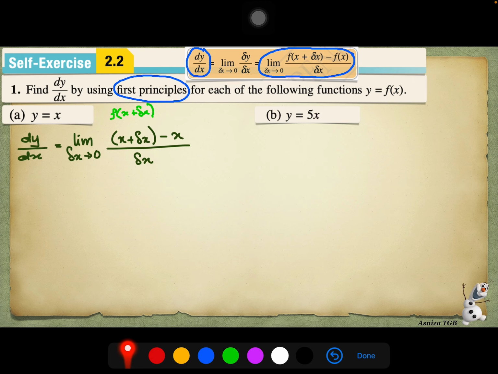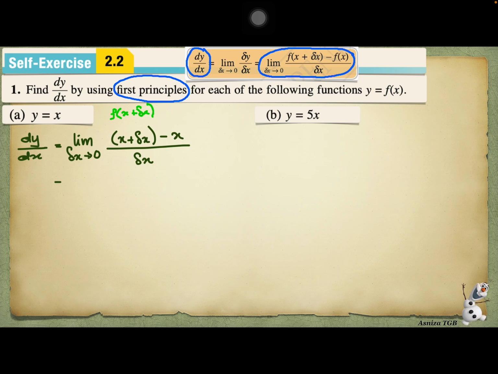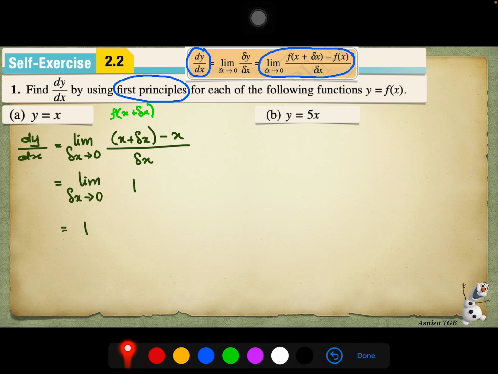So here when you expand, you will have x minus x, which is 0. Then we simplify the function. So we will have the limit as delta x approaches 0 of 1, because delta x over delta x is 1.